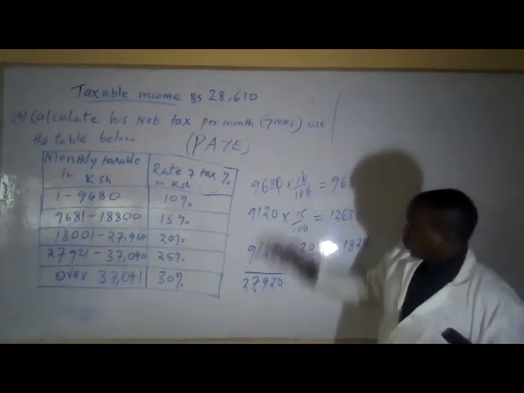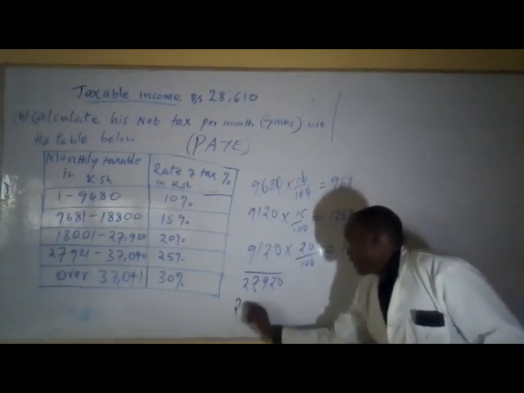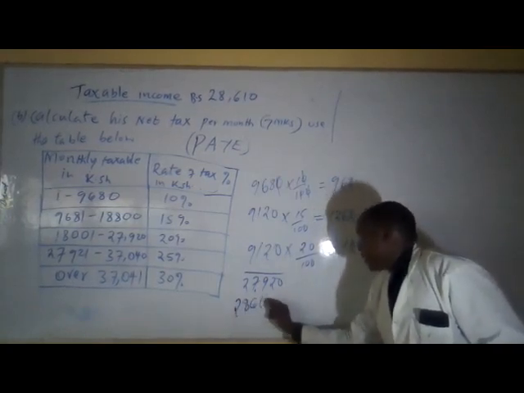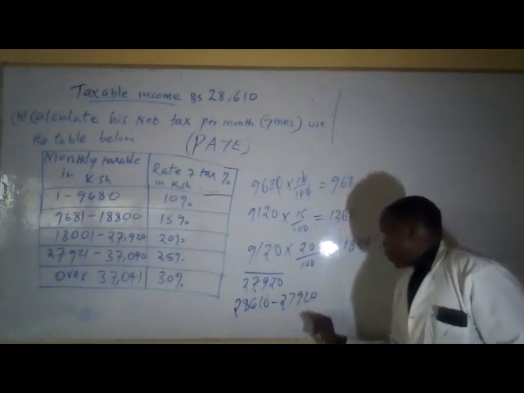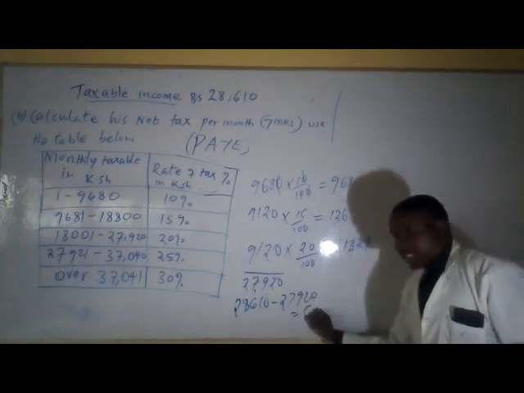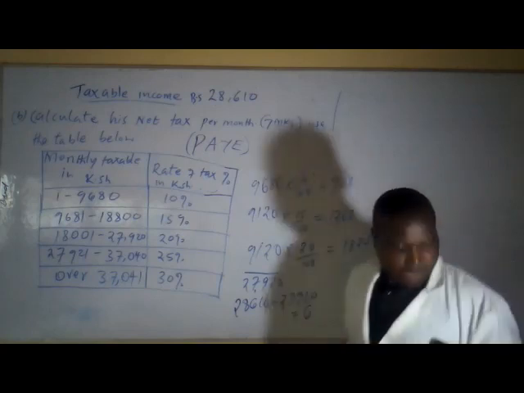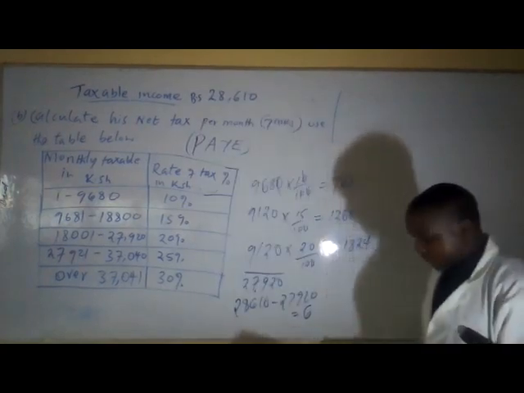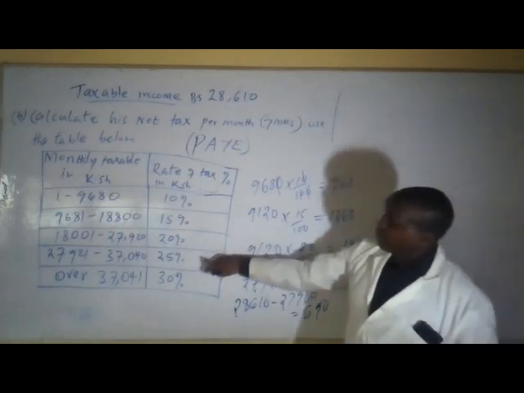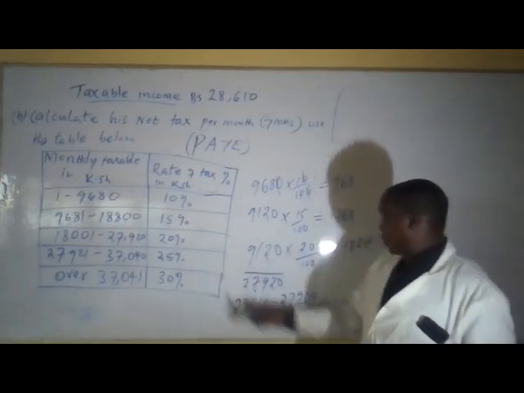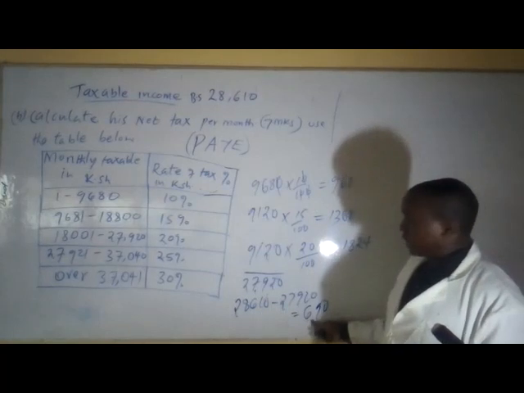Therefore, we subtract 27,920 from 28,610, and we get a remainder of 690. So in the next slab of 25%, we are going to use this remainder of our taxable income.